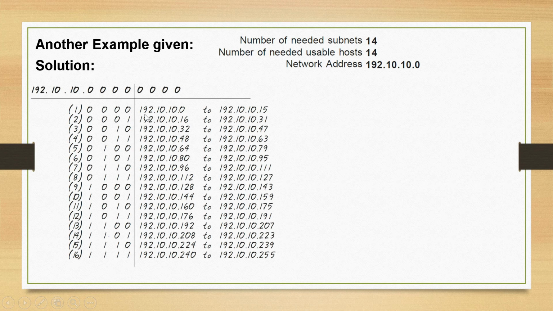So our IP address will start at 192.10.10.0 up to 15. This is on the first subnetwork. On the next subnetwork, another 16 hosts are able to occupy. So we have 192.10.10.16 up to 31, and so on and so forth.